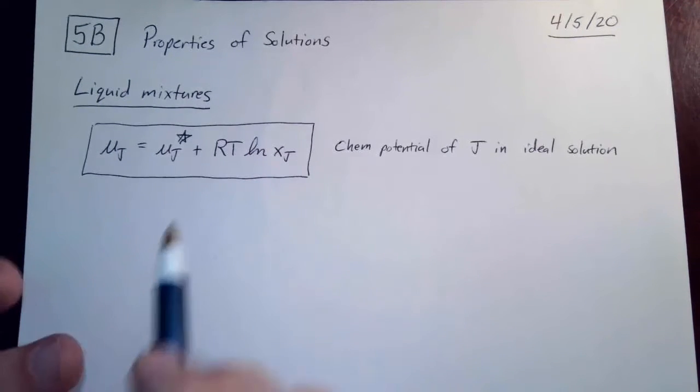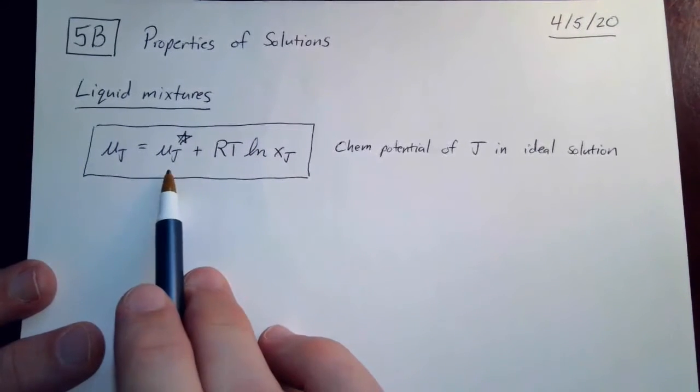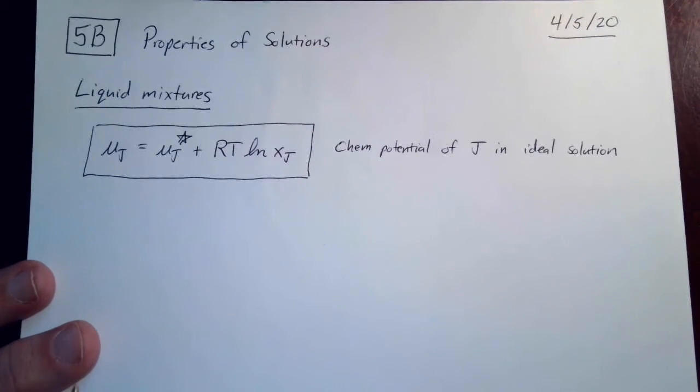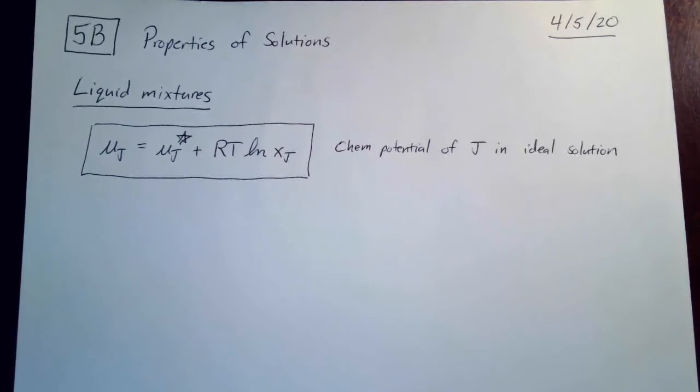So we've seen this equation before, and this is the chemical potential of species J when it's in an ideal solution. And remember, an ideal solution is one that obeys Raoult's law.